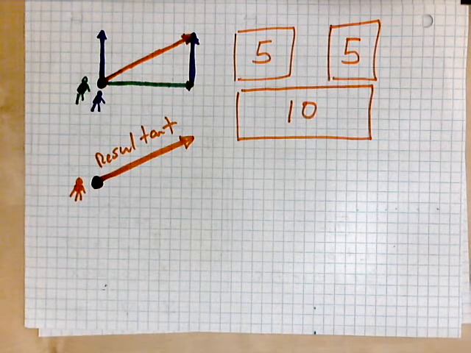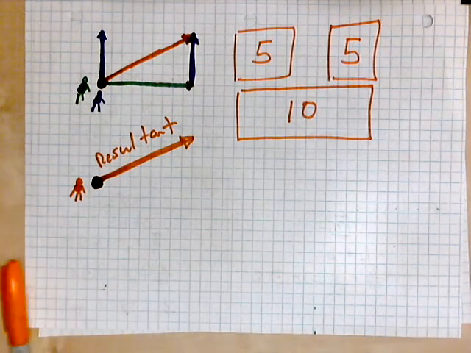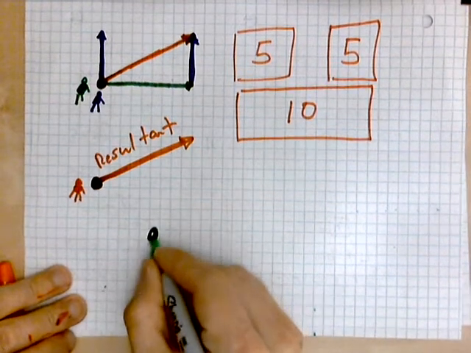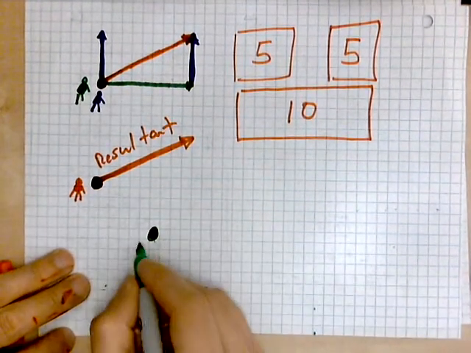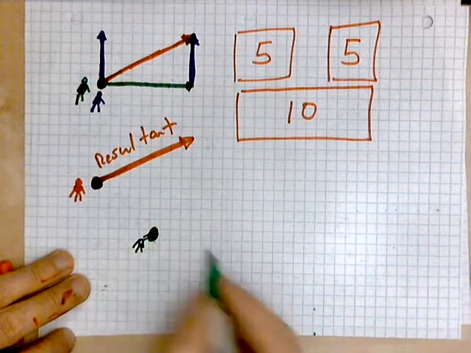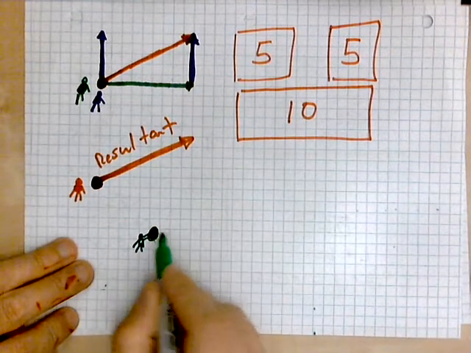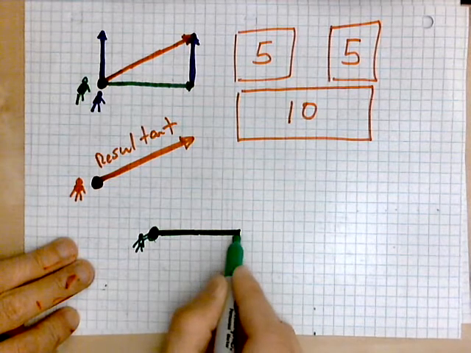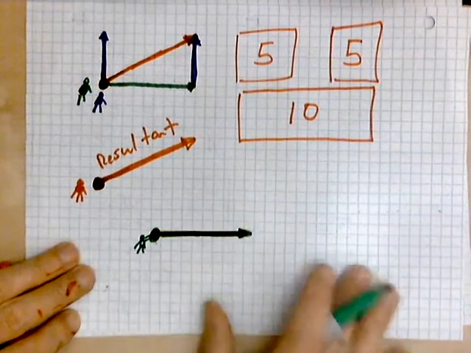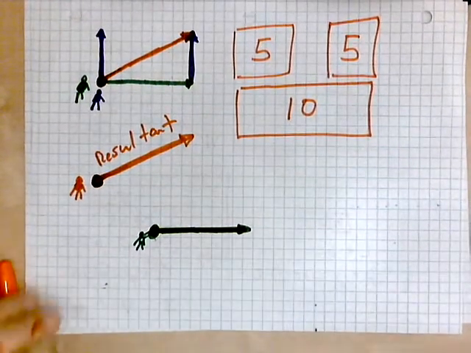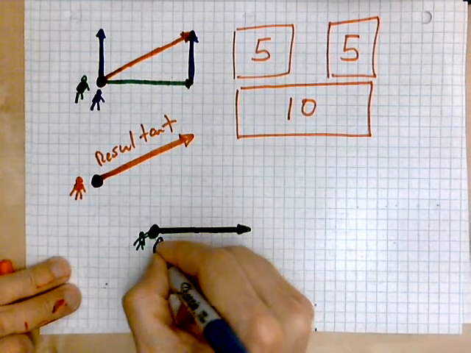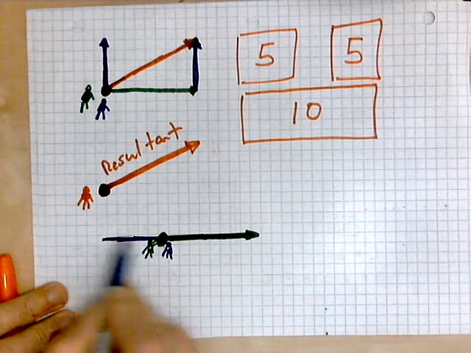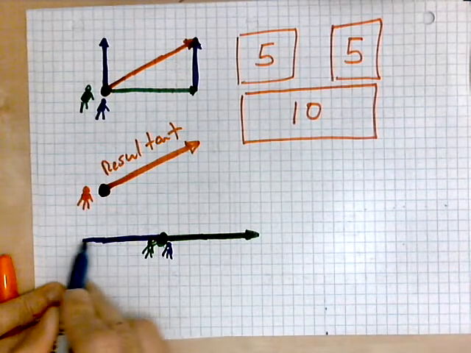So let's take a look at a more concrete example again. Say you have an object. And one guy, the green guy over here, he'll push on it, and the arrow that represents his force, the vector, looks like this. Another guy comes along, the blue guy, and he pushes this way.